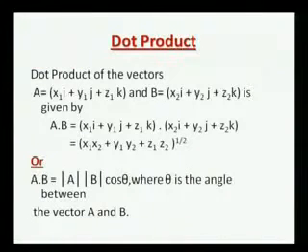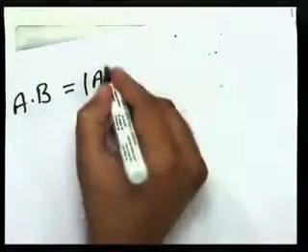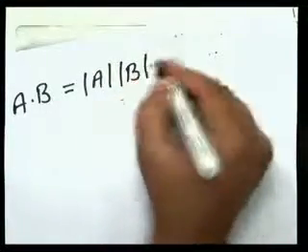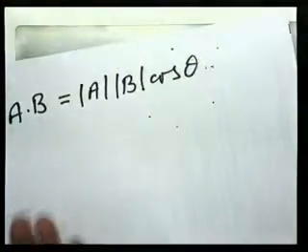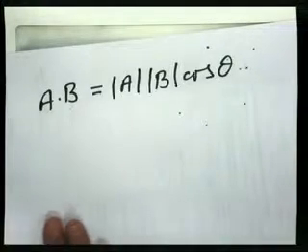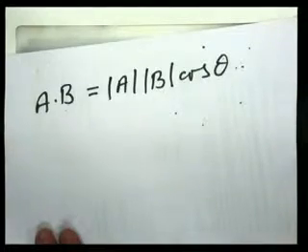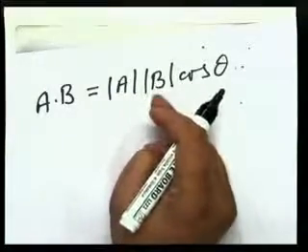The alternate definition of the dot product: A dot B is modulus of vector A, modulus of vector B into cos theta. So we have two vectors A and B, and their dot product is modulus A and modulus B into cos theta. Friends, I hope you still remember the modulus, the value of a vector.